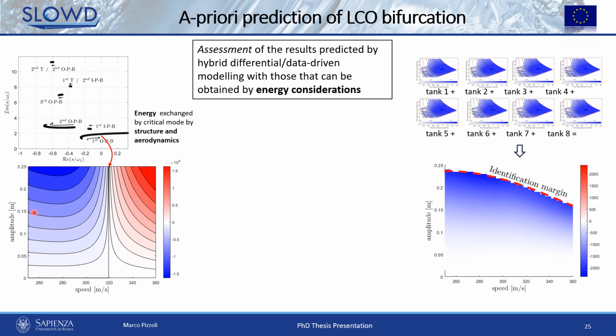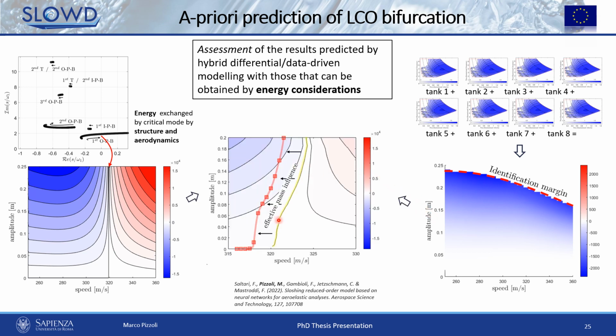And by summing these two maps, we obtain the map here in the center, to which we superimpose this bifurcation diagram, that is the one shown in the previous slide, so the one obtained from the gust responses. And the line highlighted here in yellow, namely the zero energy line, represents the locus of the points where there is the perfect balance between what is dissipated and what aerodynamics provide to the structure.